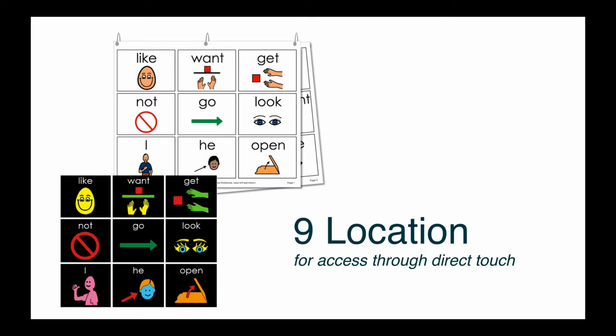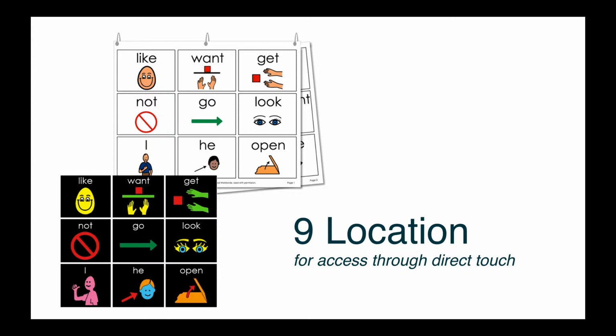The 9-location format shows 9 symbols on each page across a 4-page book. This format is best suited to students whose physical abilities lead you to believe they will require fewer symbols or larger targets as they learn to communicate with the system. Most students will need support to turn the pages or navigate to the desired page.